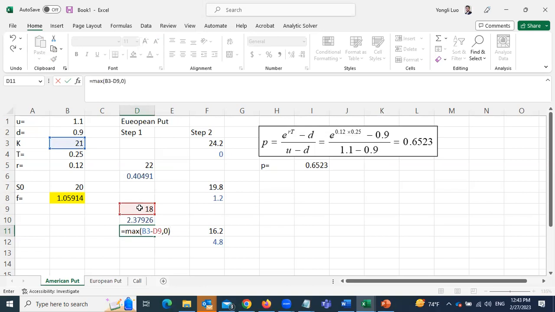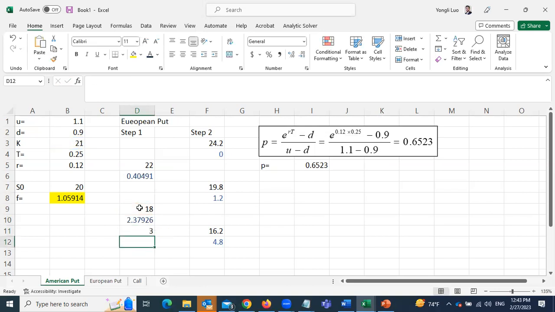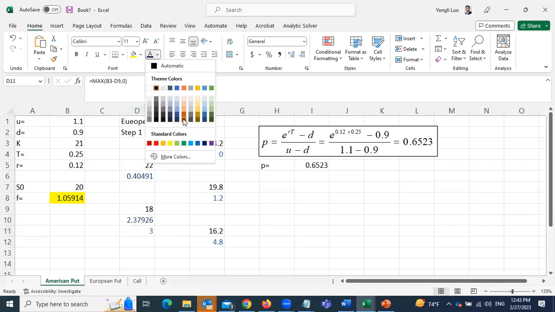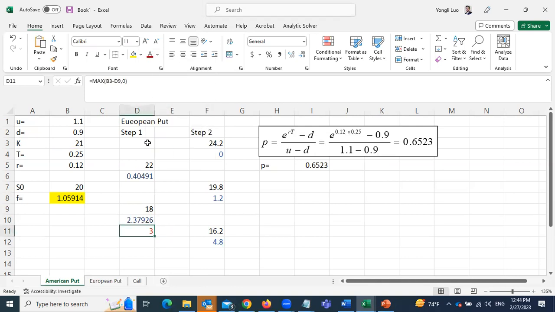Okay, so when you compare, you can see this one is actually a 3. Okay, let's say we do that in a different color. So when that is a 3, that means you cannot use 2.379. Instead, you have to use 3. Okay, so that's 1.5.